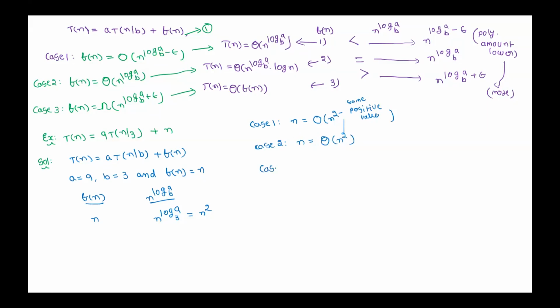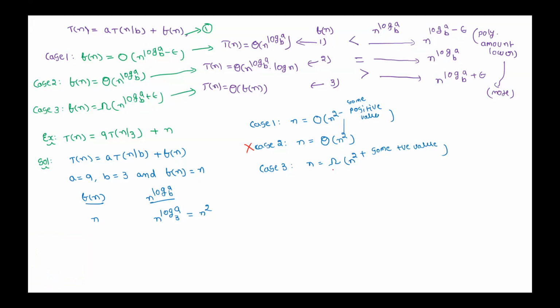What does case 3 mean? n is big omega of n square plus some positive value. You tell me, among these three, which is correct? We need to check among these three every time. Can we say that n is theta of n square? No, sir. Directly we can eliminate this case.